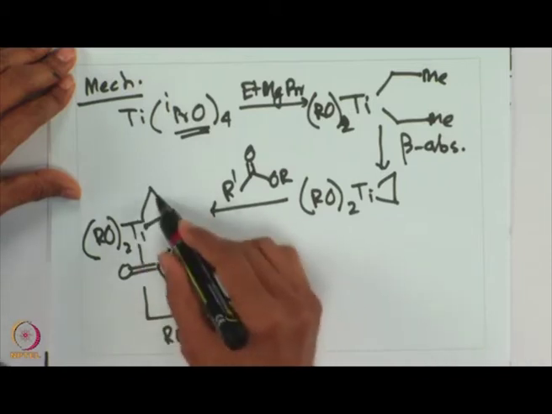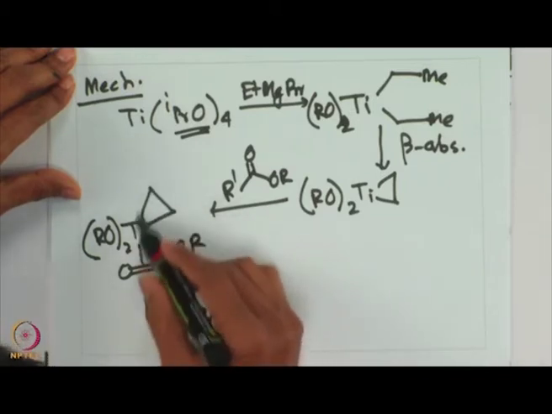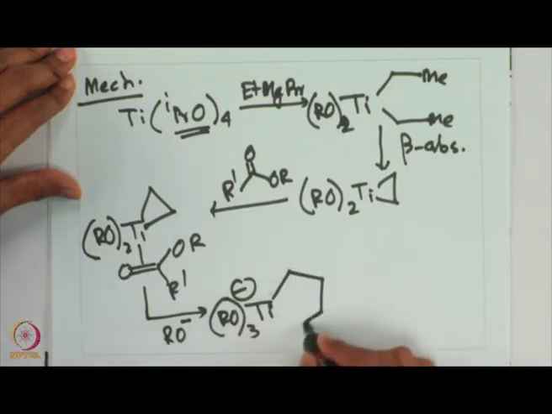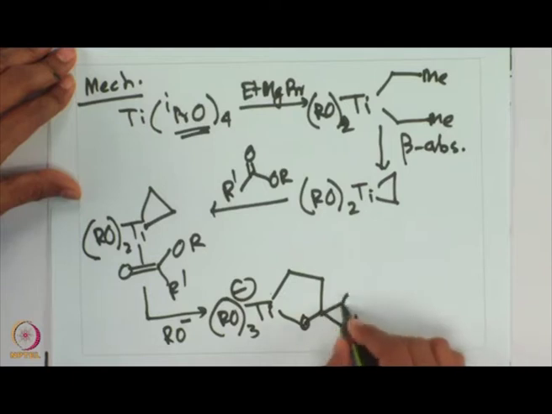Now oxidative cyclization between this 3-membered metallocycle and the ketone will take place to give the overall 5-membered intermediate, giving rise to a species where the ester is attacked by the cyclopropane ring.